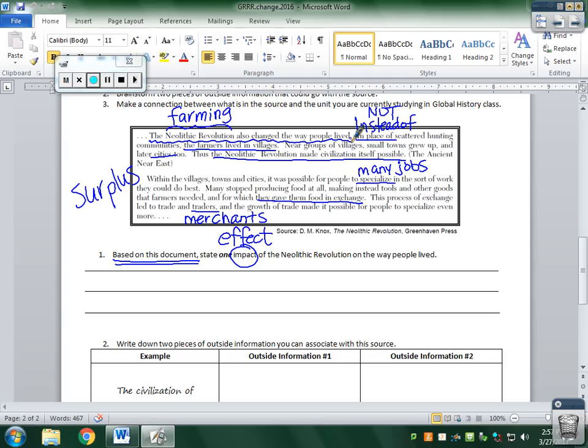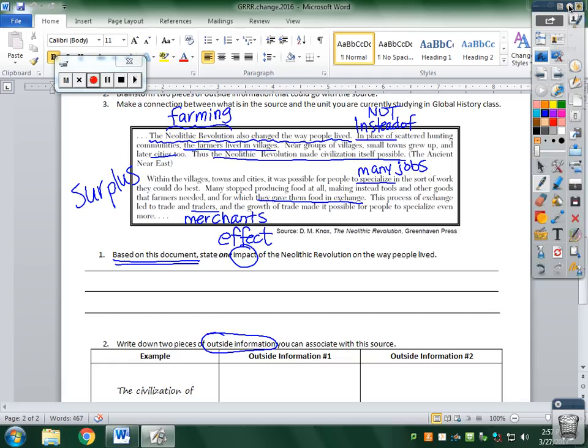Our next directions are to write down two pieces of outside information. So what we're looking for with outside information are facts, details, ideas that are connected to the source but are not directly stated in it. Okay? So for example, the Neolithic Revolution made civilization itself possible.